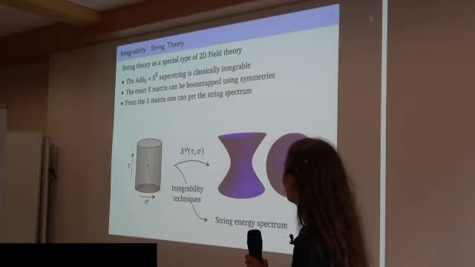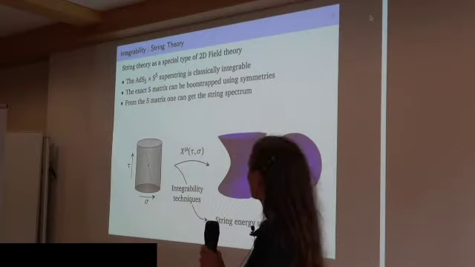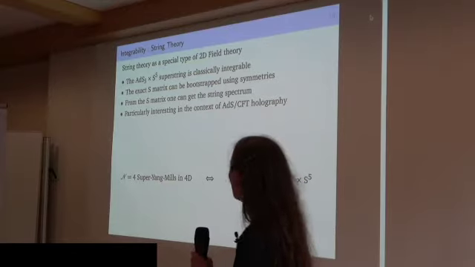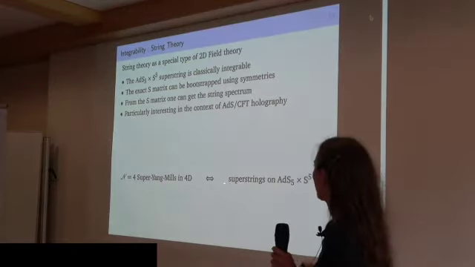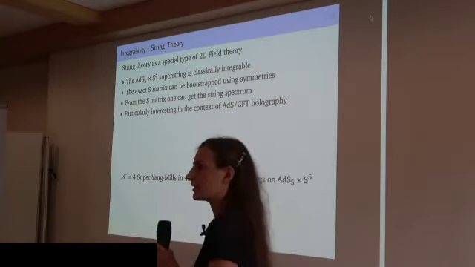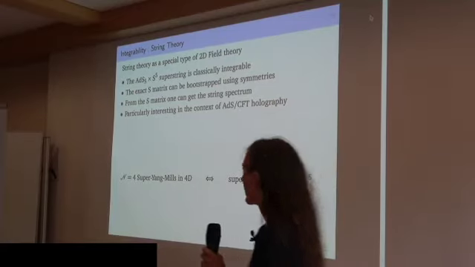And this type of geometry, AdS5 x S5, is also particularly interesting in the context of AdS/CFT holography, which is a duality between string theories on anti-de Sitter space and conformal field theories living in one dimension less.